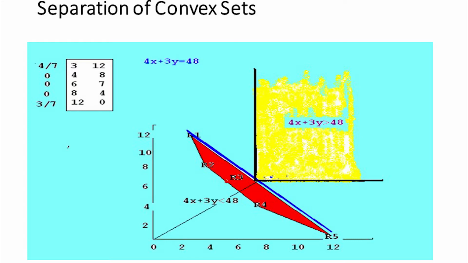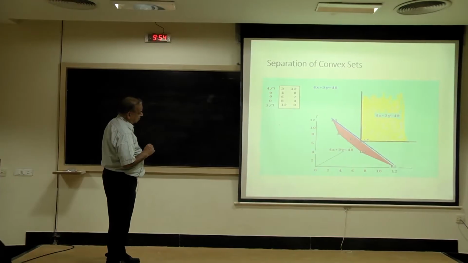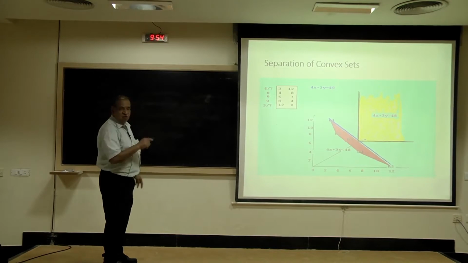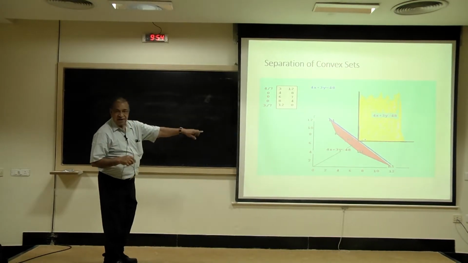Now what I do is, I try to represent, because we want to plot everything in 2 dimensions. All I am now doing is the following. Plot each row as a point in 2 dimensions.